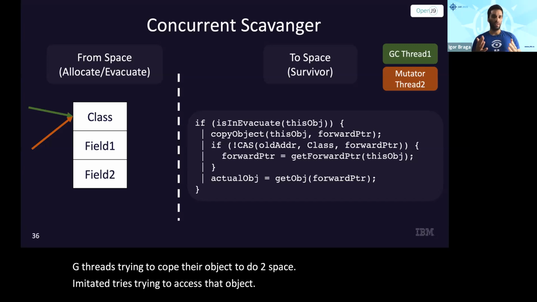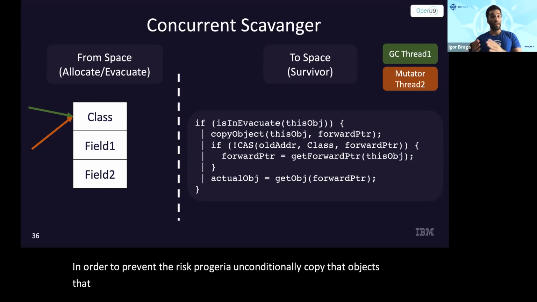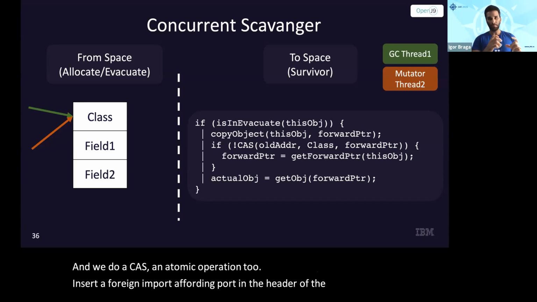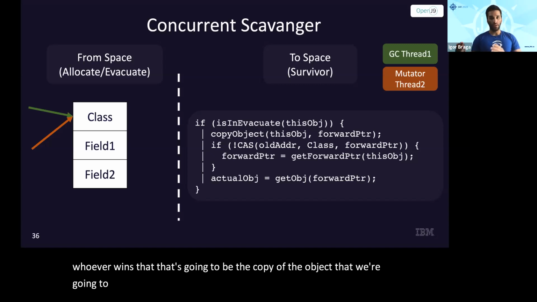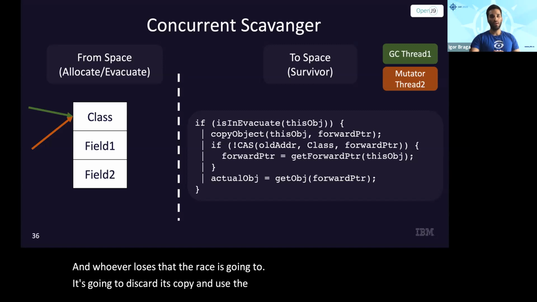In order to prevent the risk here, we unconditionally copy both objects to the to-space, and we do a CAS, an atomic operation, to insert a forwarding pointer in the header of the objects, and whoever wins that, that's going to be the copy of the object that we're going to be using throughout the application. And whoever loses the race is going to discard its copy and use the one that actually won. So this is how it happens.